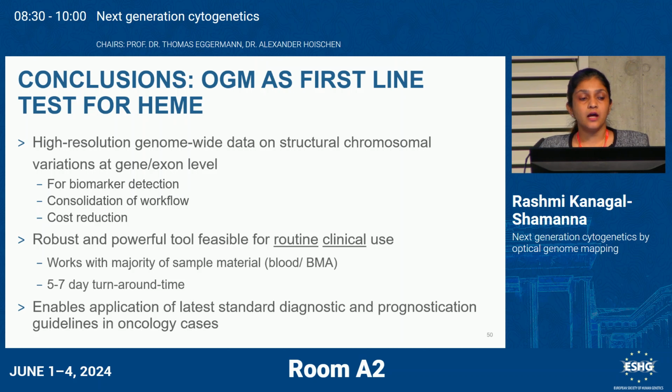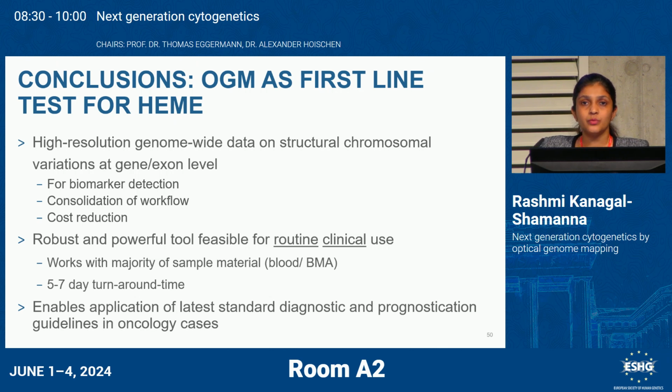These can uncover diagnostic biomarkers in the hem-onc space. It can consolidate the lab workflow and reduce costs, while at the same time providing high-yield clinically relevant information. It's a powerful tool that is very feasible for routine clinical use, and it works with the majority of sample material for the oncology space.